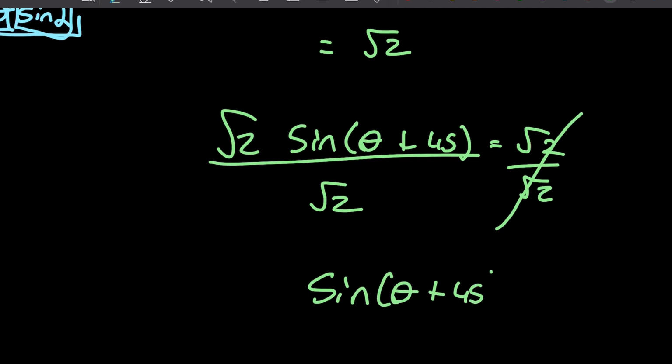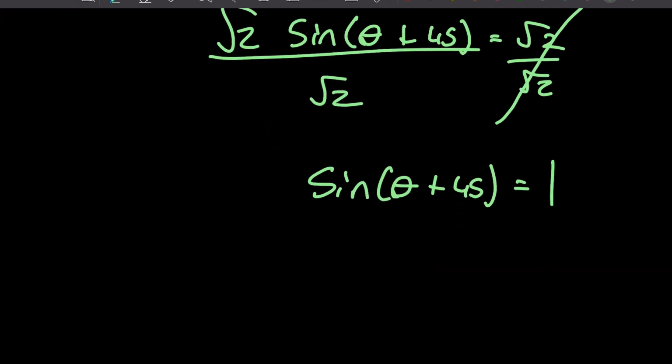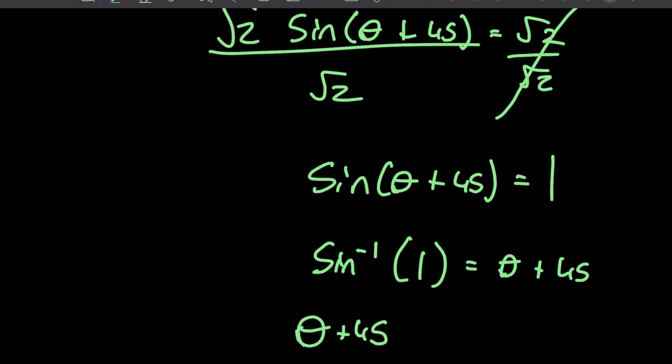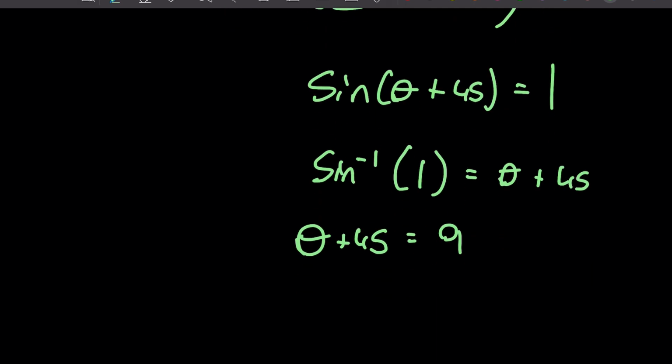And if you take sine inverse of 1, it's going to be equal to theta plus 45. Put that into your calculator, shift sine of 1, you're going to get theta plus 45 is equal to 90. Therefore, theta is going to be equal to 90 minus 45. Theta is going to be equal to 45. And this is also just the same thing as pi over 4.